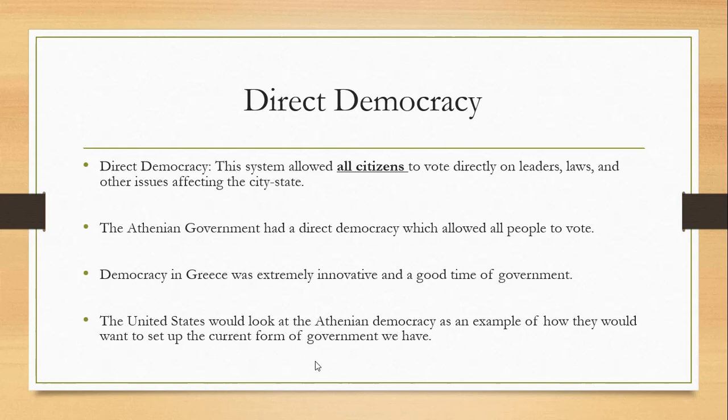Most of these city states had kings or queens or oligarchies where there was just one or a couple rulers, whereas people in ancient Athens were able to now decide who they wanted to be their ruler, right?